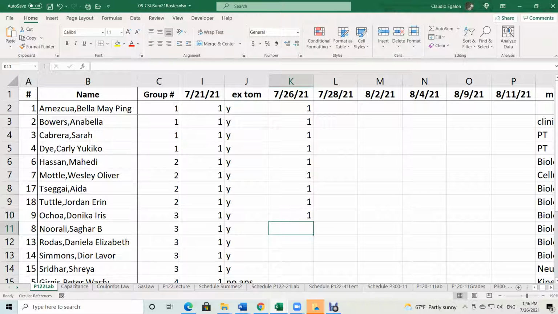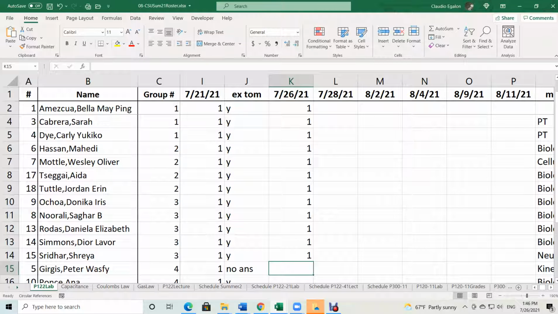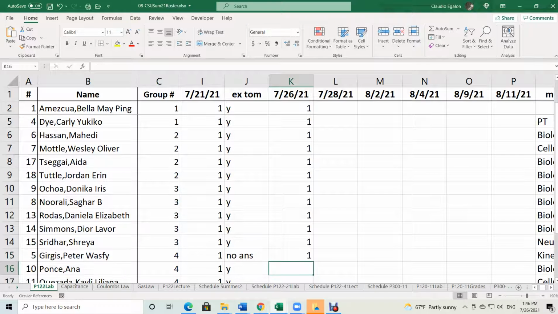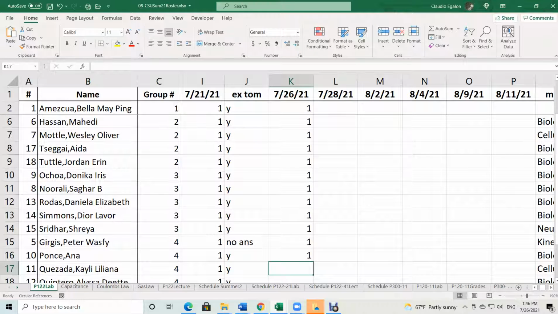Shagar Nurali. Here. Daniela Rodas. Here. Dior Simons. Here. Shreya. Here. Peter. Here. Okay. Ana Ponce. Here. Kaylee.